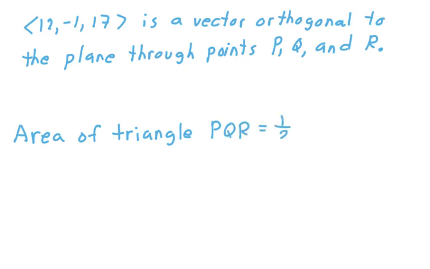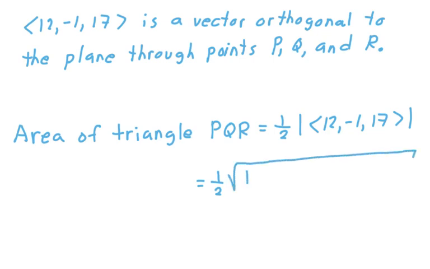But this is 1/2 the magnitude of (12, -1, 17). Okay? So this is 1/2 the square root of 144 plus 1 plus 289, right?